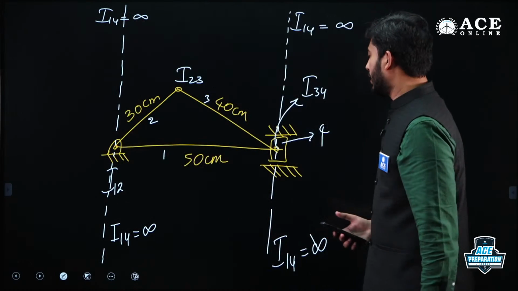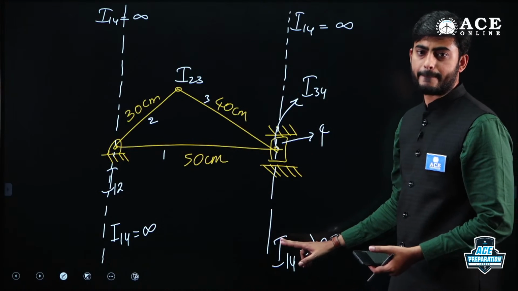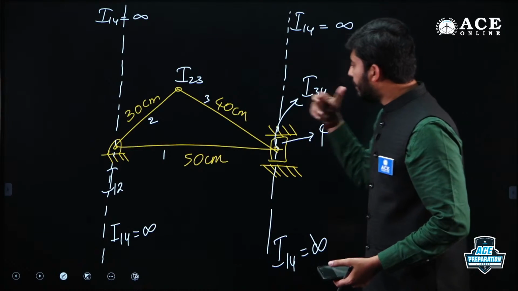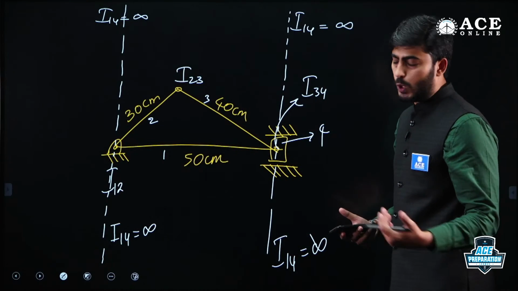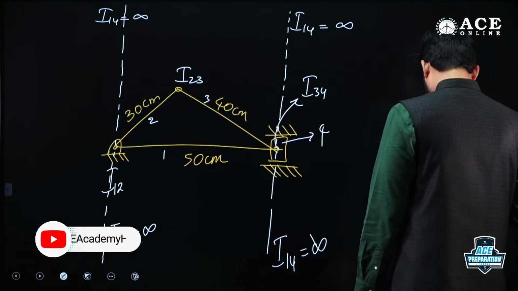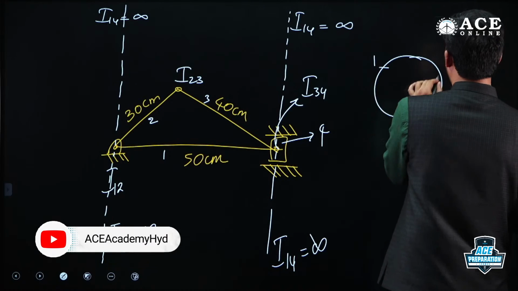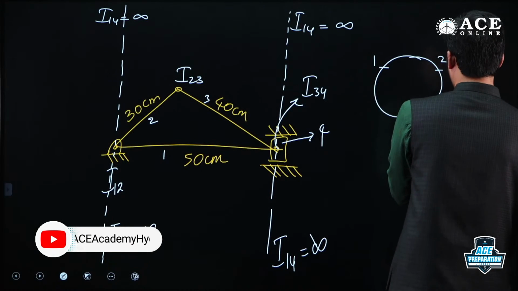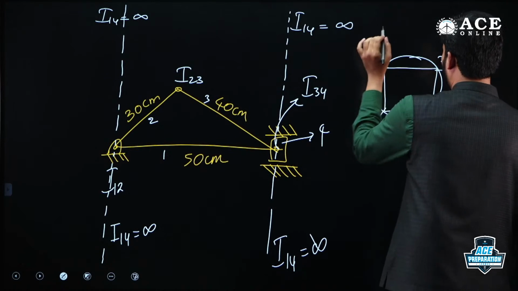Now you have located how many I centers? 4 I centers. The remaining 2 I centers are to be located with the help of Kennedy's theorem. So Kennedy's theorem you can apply here, that is 1, 2, 3 and 4. Join 1 to 2, 2 to 3 and 3 to 4.